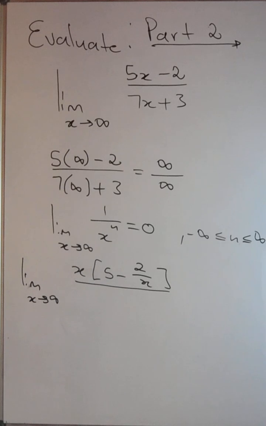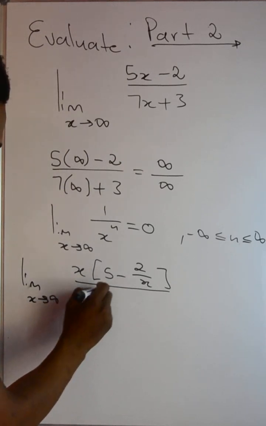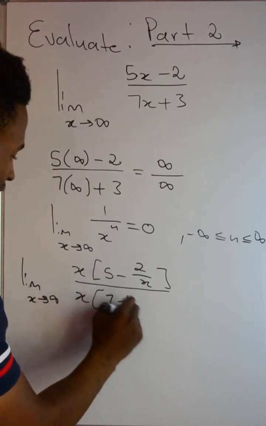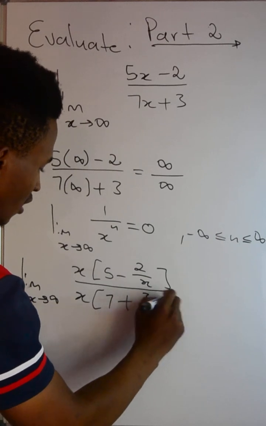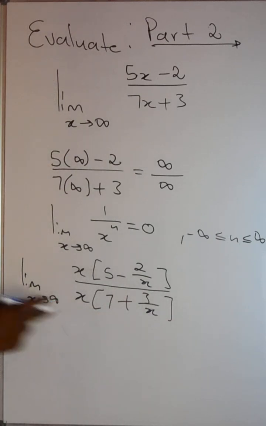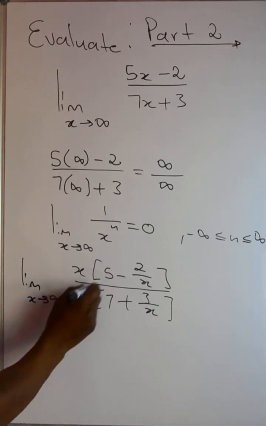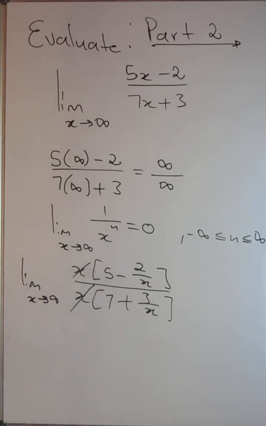And then on the denominator we do the same: 7 plus 3 over x. If I multiply by this x inside the bracket, I'll get 7x plus 3. But now x will just cancel out x, we can see that.